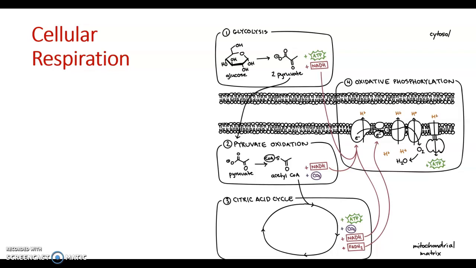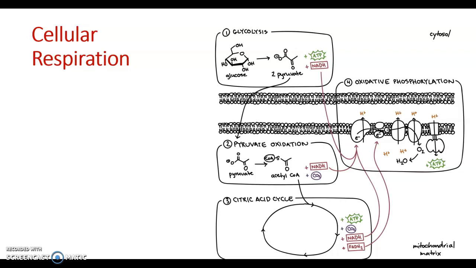The cell that needs the energy breaks down the chemical bonds where the energy is stored into something that can be used to power its own processes. And this process of breaking down food into ATP is called metabolism. Cells have two ways of doing this: cellular respiration and fermentation.